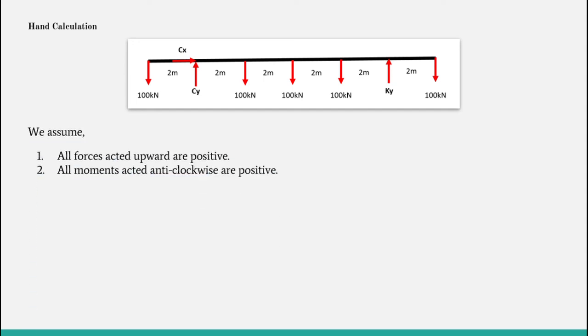Then we can make an assumption. Our first assumption is that all forces acting upward are positive, and our second assumption is that all moments acting anti-clockwise are positive. Then we can write our equations of equilibrium. Our first equation is that the summation of forces in the x direction is equivalent to 0.